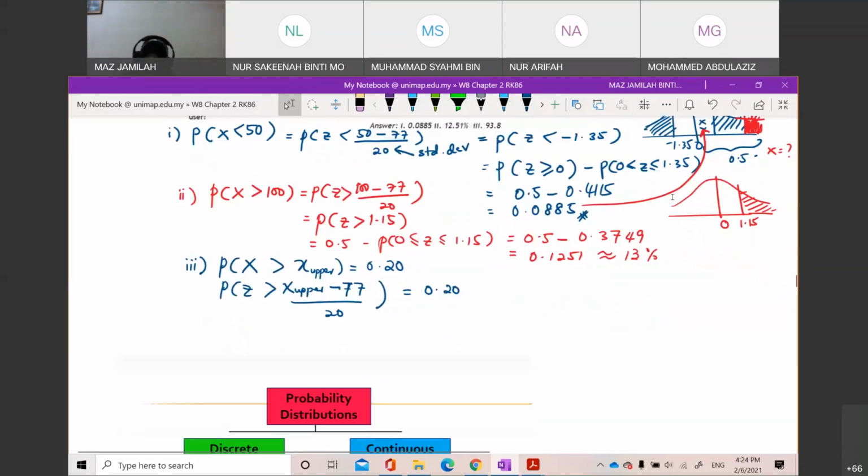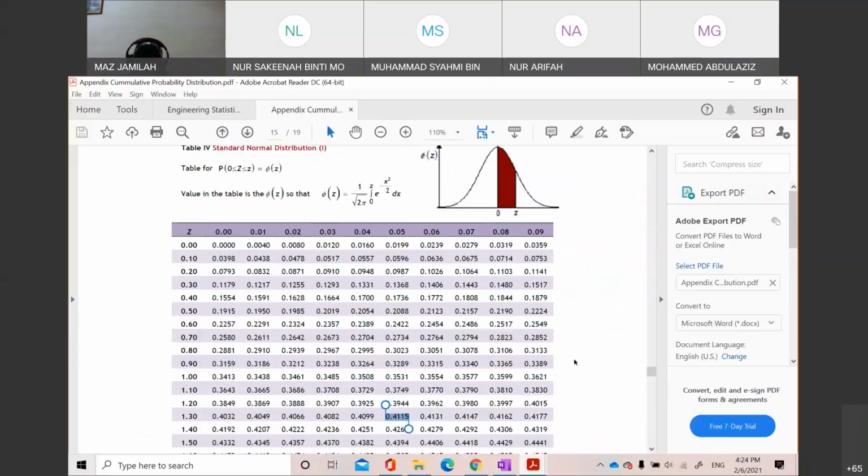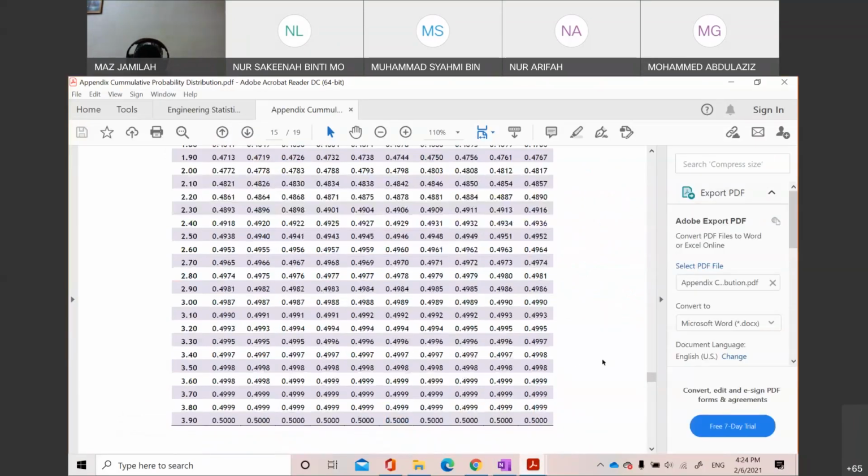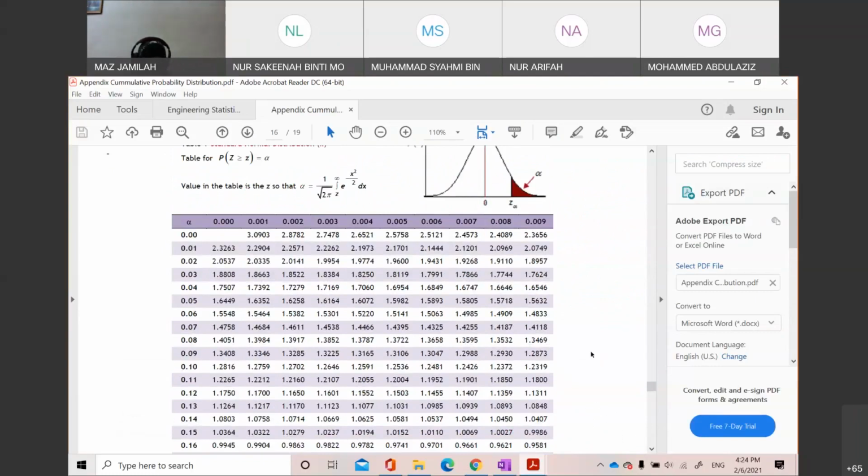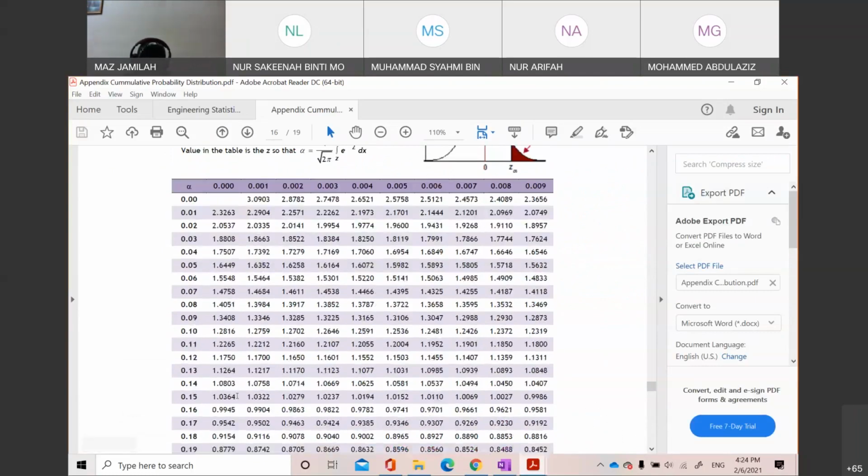When we solve, (X upper minus 77) divided by 20 is given by Z alpha. What is your Z alpha for 0.2? Look for the upper tail 0.20.